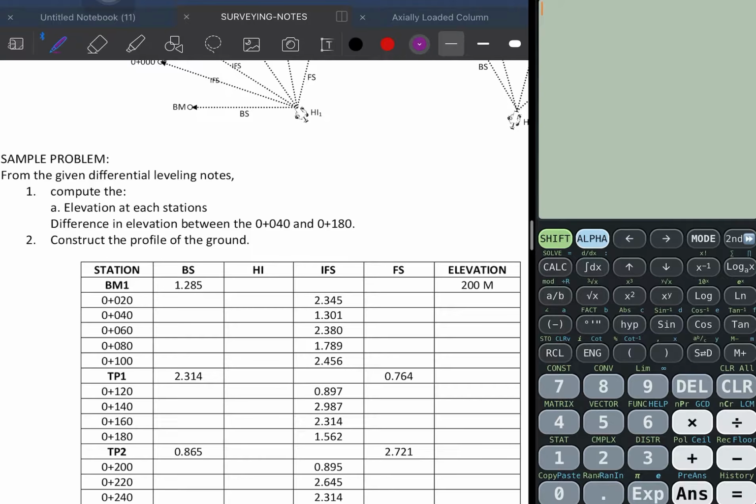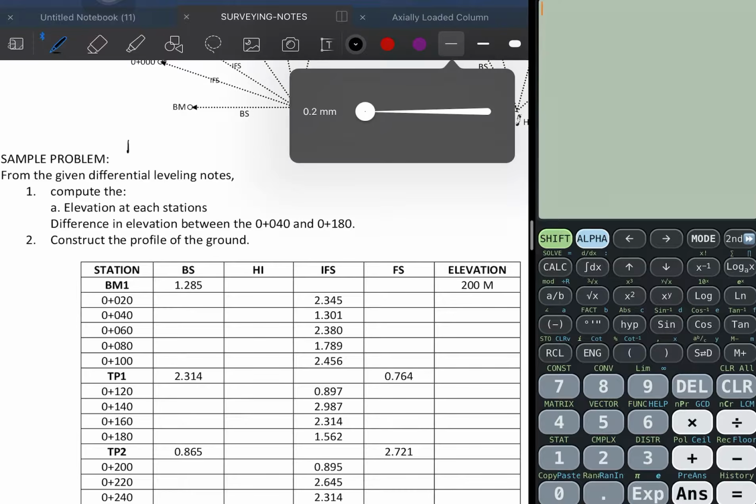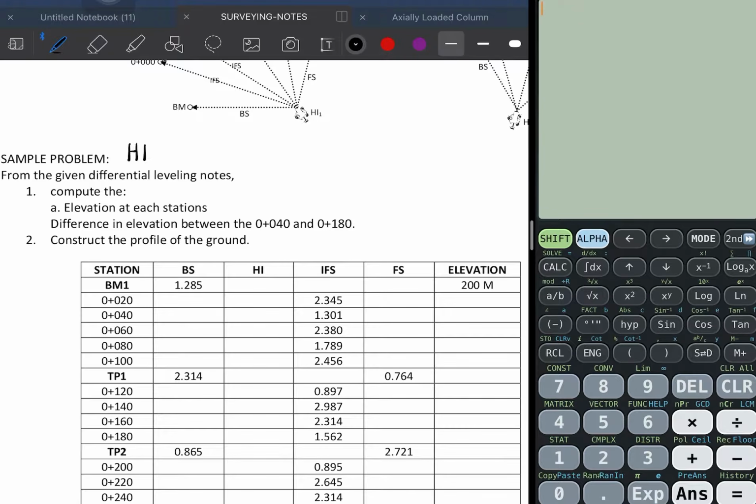So to recap, you have the formula for the height of instrument: HI is equivalent to elevation plus backsight. And the elevation is equivalent to height of instrument minus foresight or intermediate foresight.